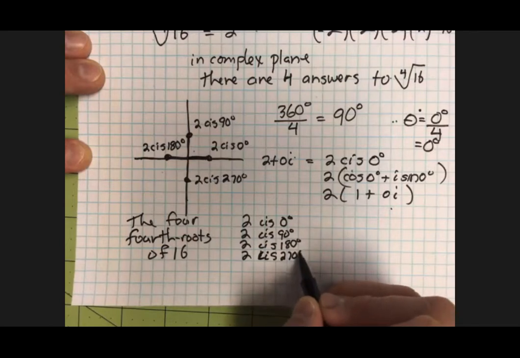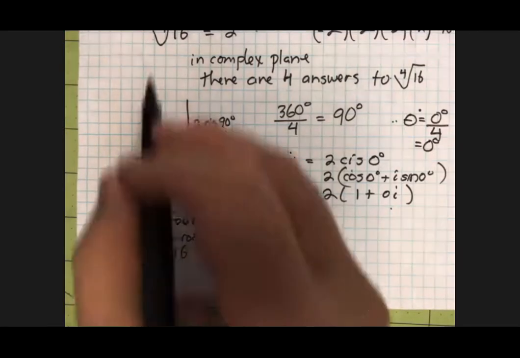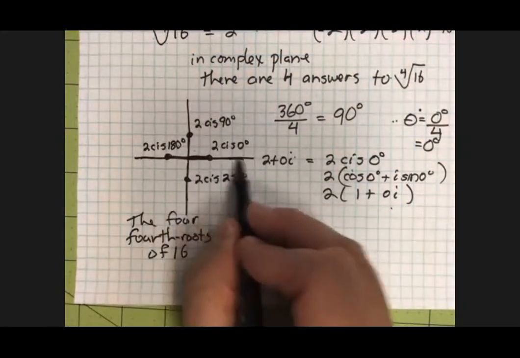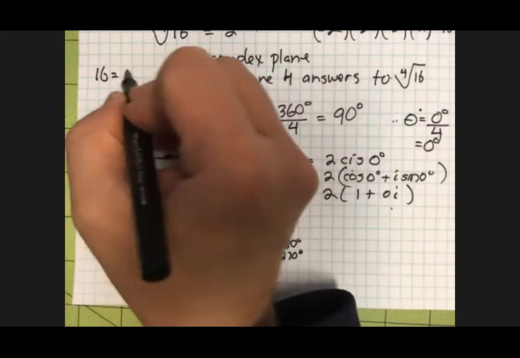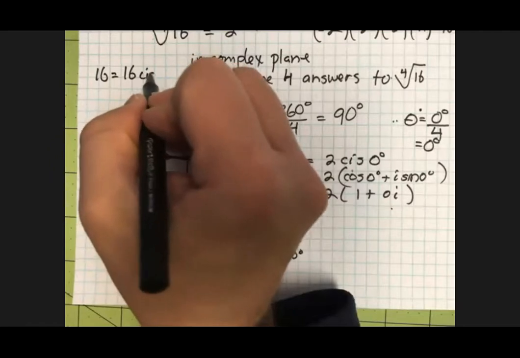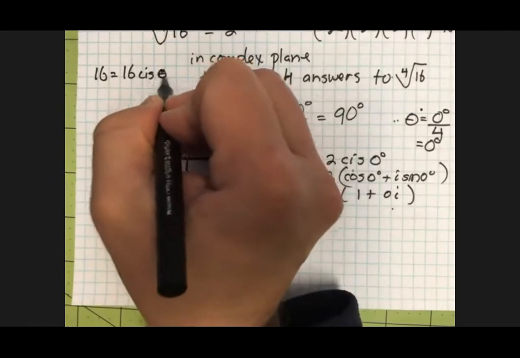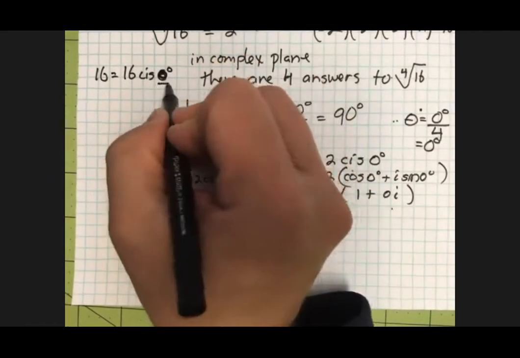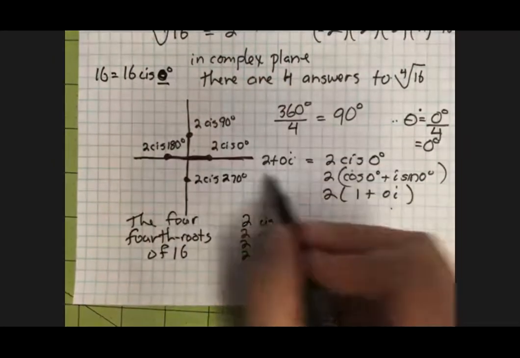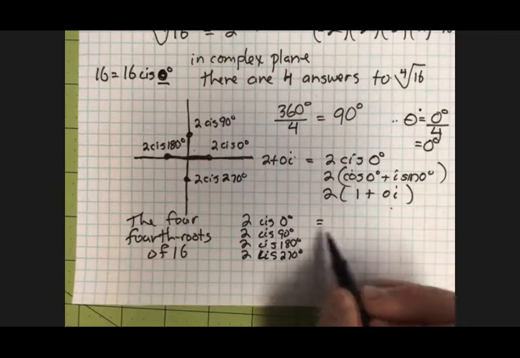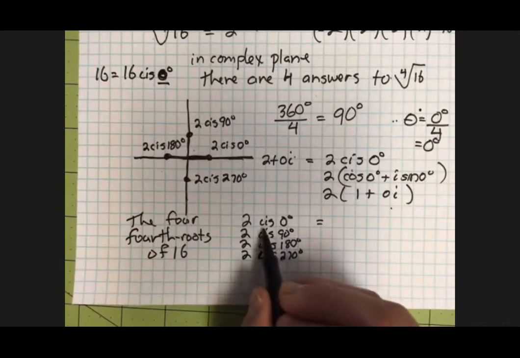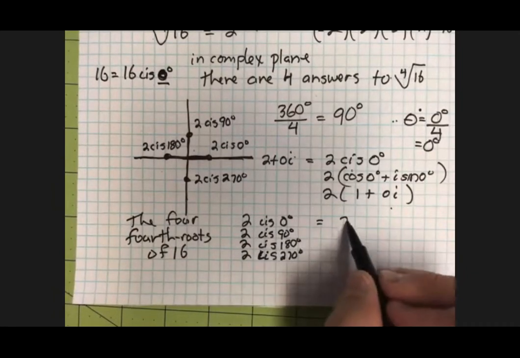Now the original number 16 already had angle 0. Remember 16 is 16 times the cis of 0 degrees. So cutting that angle into 4 pieces started me off at 0. Let's write these 4 numbers down. 2 cis 0 degrees is just 2.